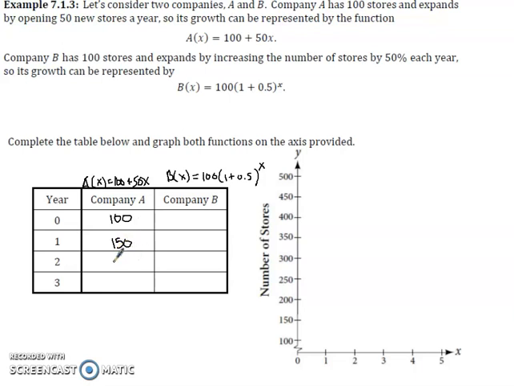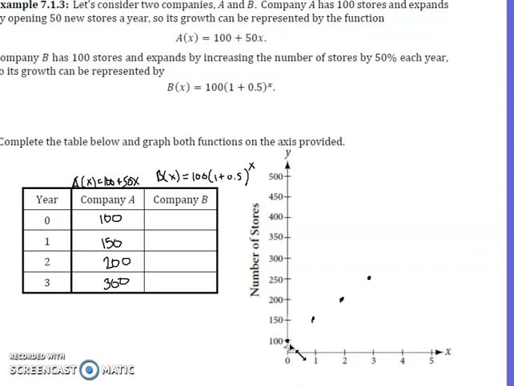When I plug in a 2, I get 200. And when I plug in a 3, I get 250. So on my graph, I'll go ahead and plot 0, 100, 1, 150, 2, 200, 3, 250, and so on. We've already established that this is a linear equation, so it will be following the graph of a line.